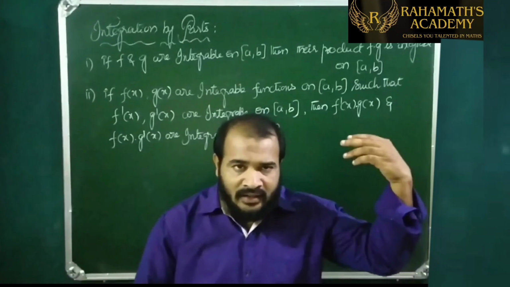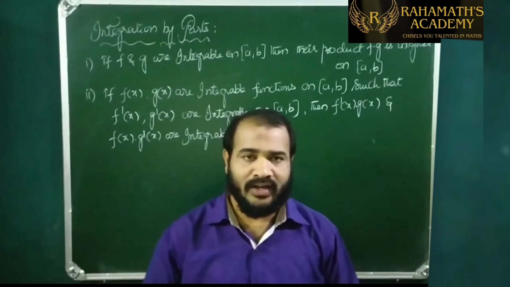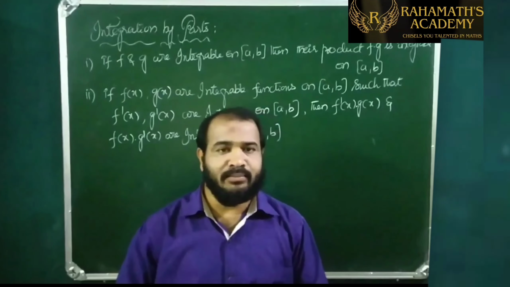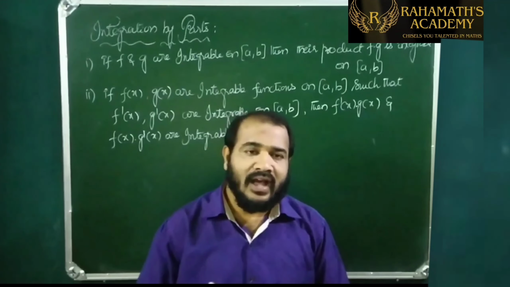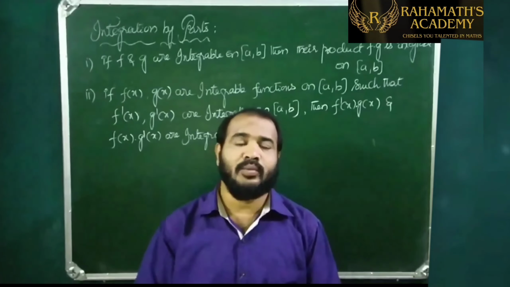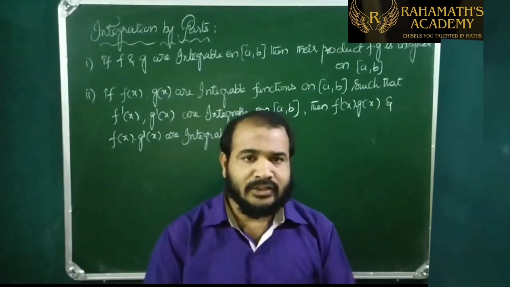L is the logarithmic function, log x, log of (1 plus x), etc. A is algebraic, so that is x, x square or 1 plus x cube, etc. That means x power something.